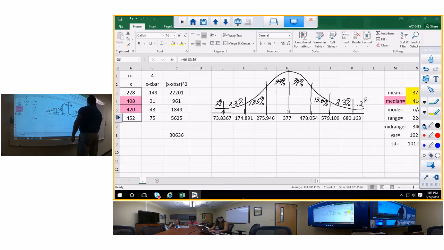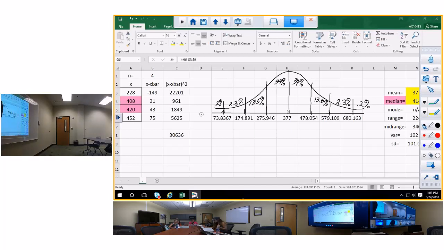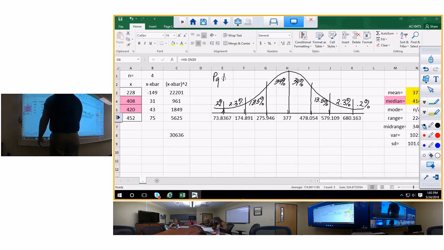And somebody tell me again, page 137, is that it? 132. I'm sorry, what? 132. 132 is the empirical rule.